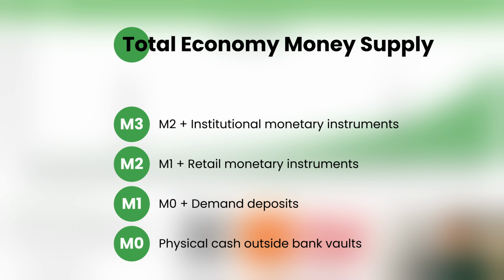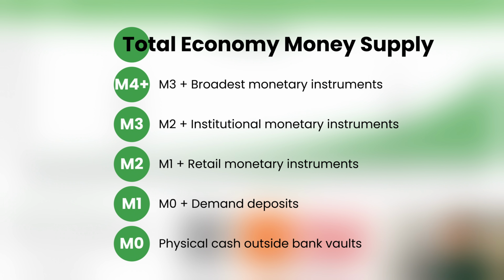And again, some nations even use M4 or L or other type of a broad liquid monetary curve. The United States used to calculate L, but it doesn't anymore. So we're not going to calculate an M4 or an L curve here for the United States.